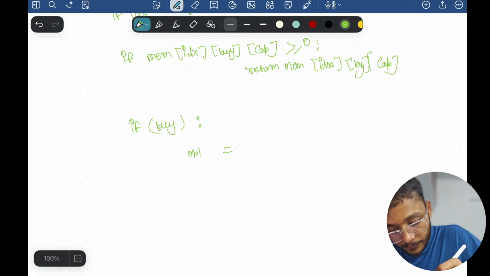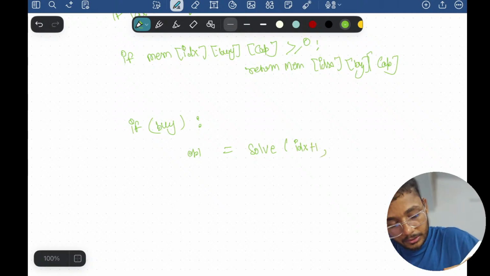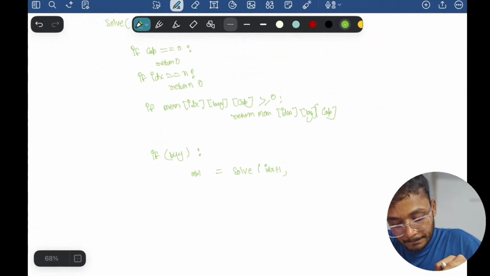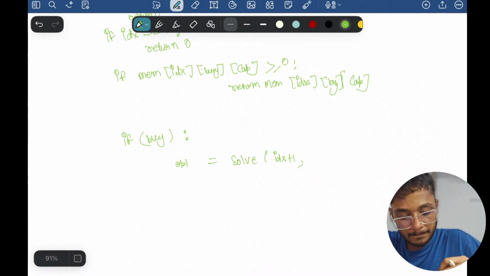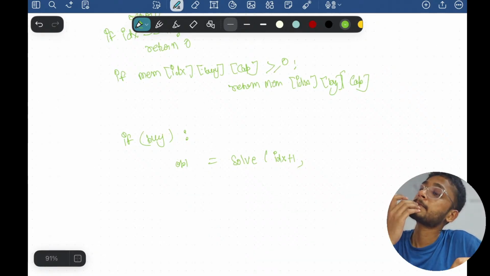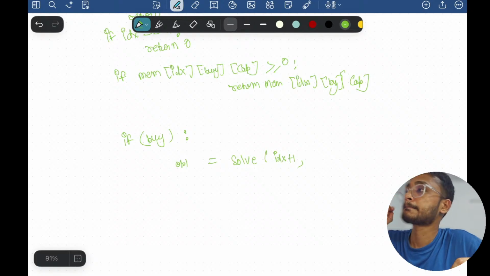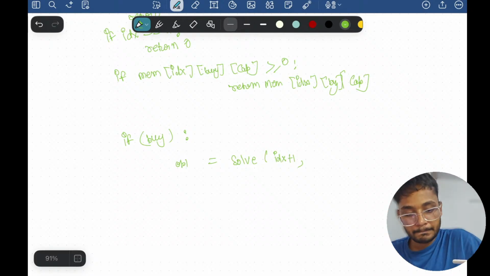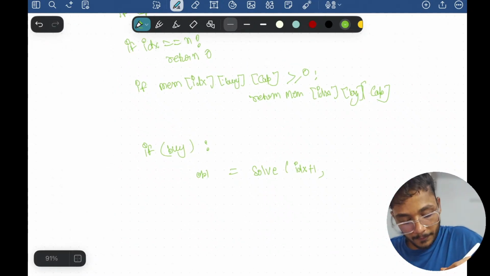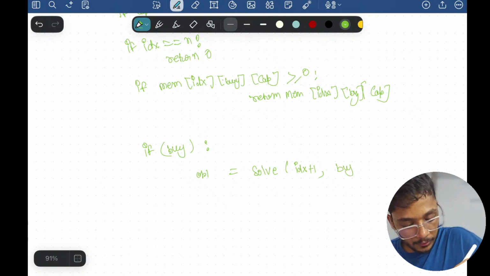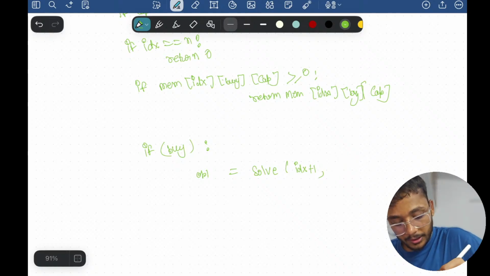When you buy, you will call solve of idx plus 1. Then buy will be 0 because you already bought something, and also you will get minus profit, minus the price.